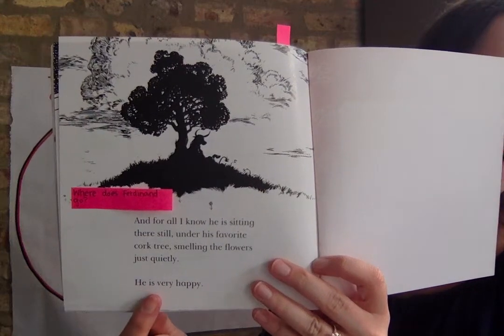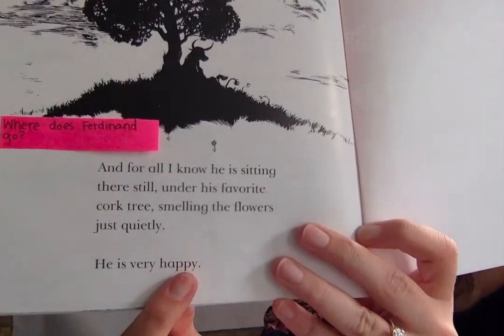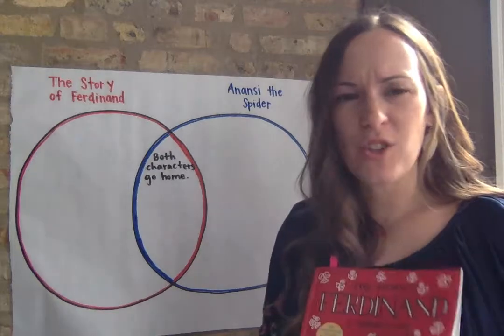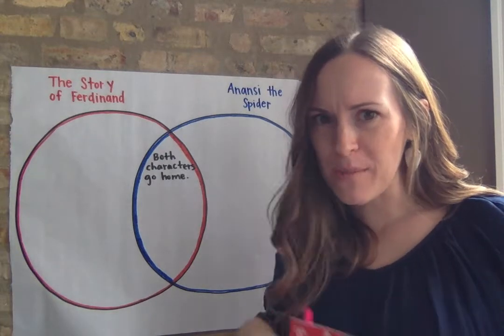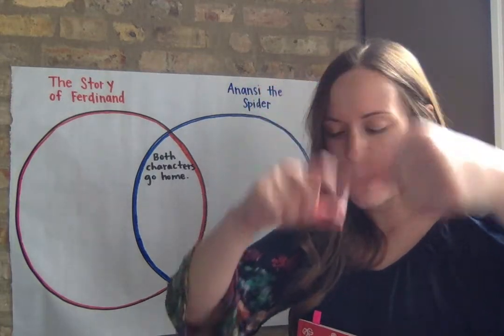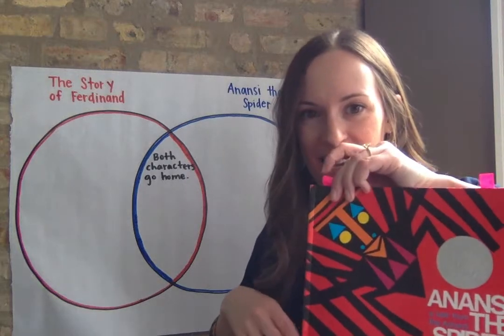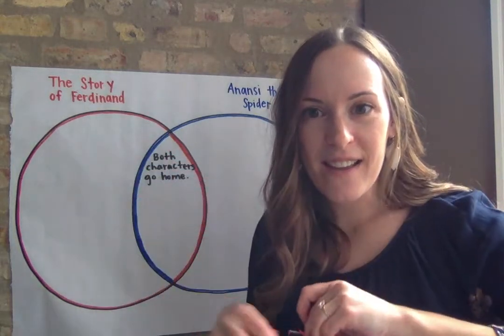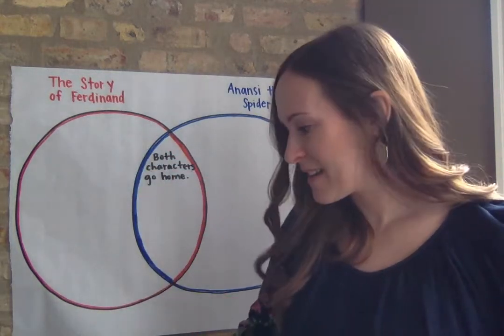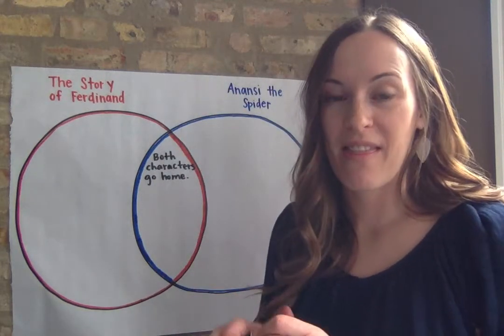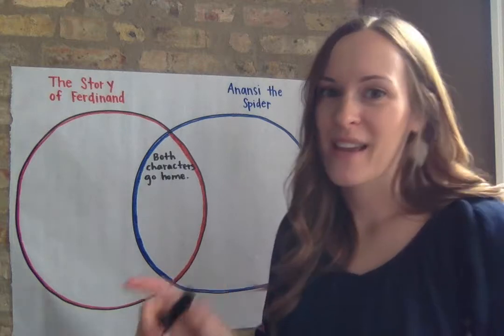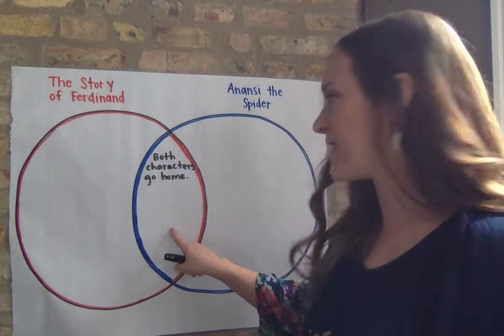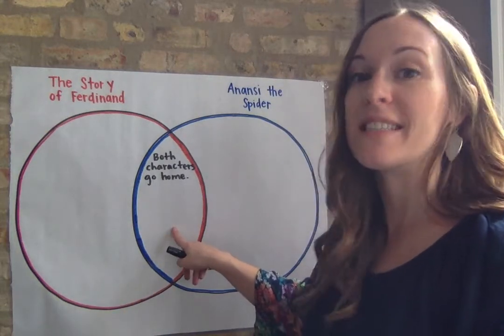It said, he is very happy. So wait, did you just hear something that was the same about Anansi and Ferdinand? What was the same? You got it. They both felt happy. I'm going to put that in the middle of our Venn diagram because that shows what is the same.